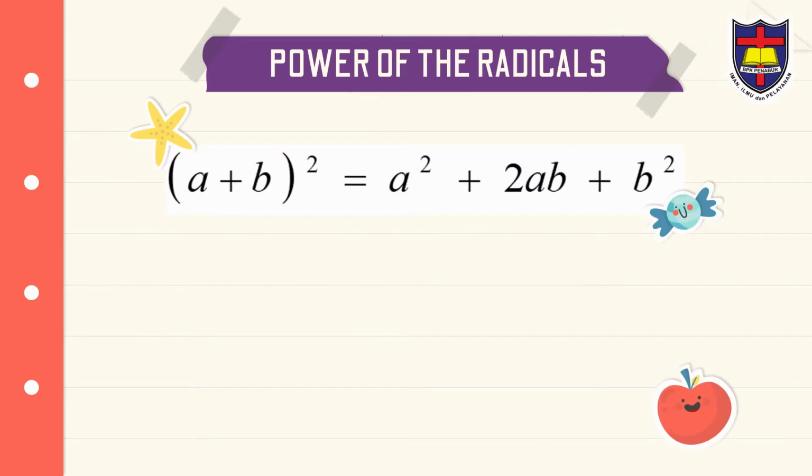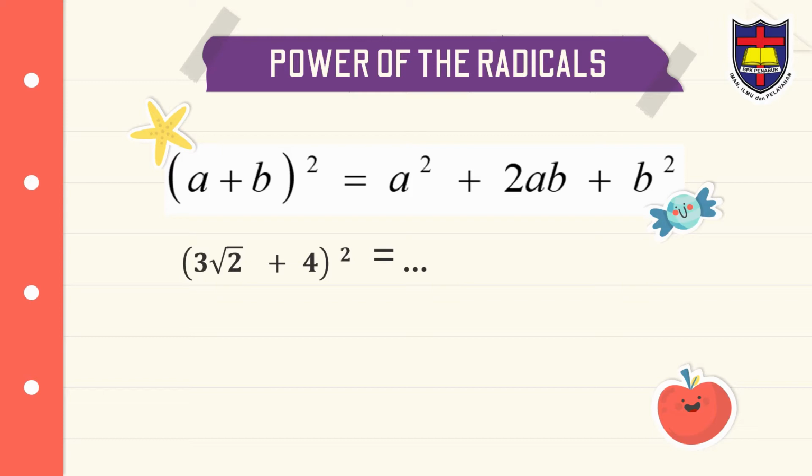So now for the next form of power of the radicals, if we have a plus b square or a plus b to the power of 2, it equals to a squared plus 2ab plus b squared. So when we have the example 3 square root of 2 plus 4 to the power of 2, it equals to the equation above.